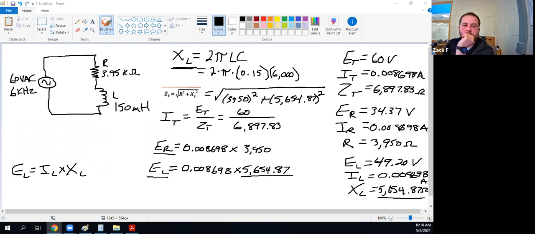Yeah, we did. 34.37 volts in resistance. Yep, add those two up, by the way. 34.37 plus 49.20. What is it? 83.57? Way more than 60, isn't it? Total voltage is 60.